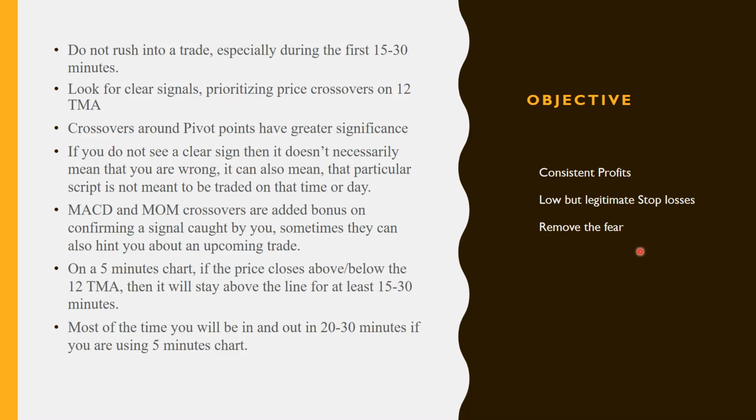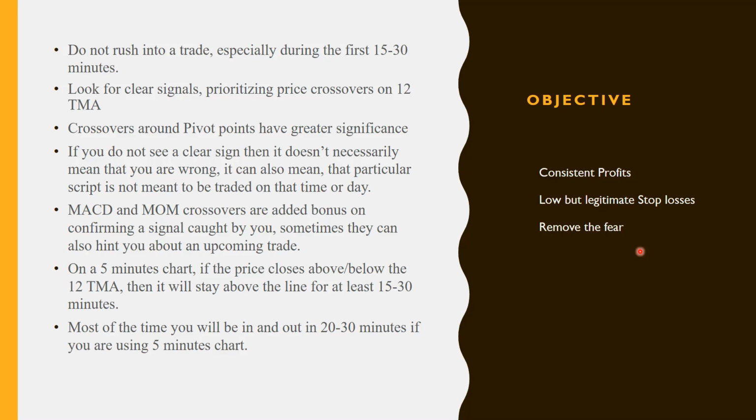One of the big mistakes of us retailers is that we put a bad stop loss, and our stop loss gets hit, and then the stock moves towards the direction where we initially wanted the stock to move, and a lot of people face this same problem.